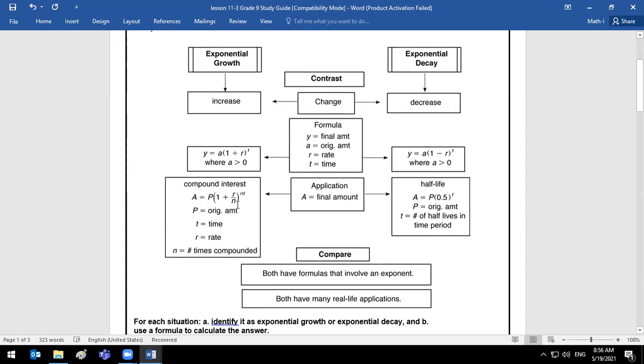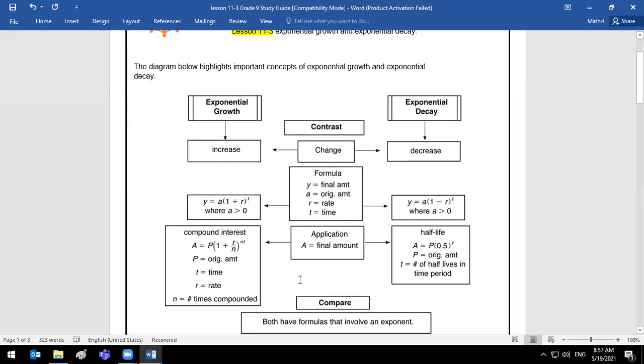P denotes the original amount, t is time, r is rate, and n means times compounded. For half-life, the formula is A equals P times 0.5 all to the power of t. P is the original amount, and t is the number of half-life periods. After a while, I'm going to give an example for each one. But at the beginning, we have to know the difference between exponential growth and exponential decay.